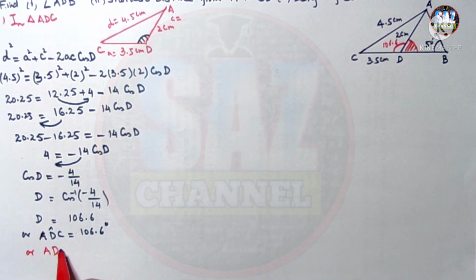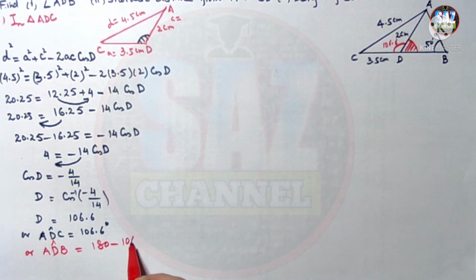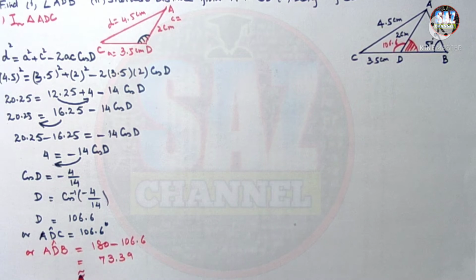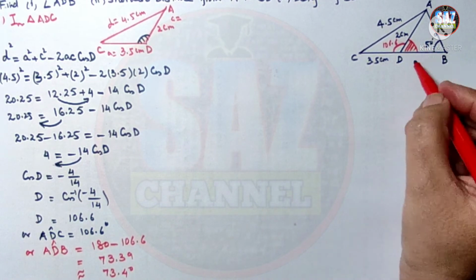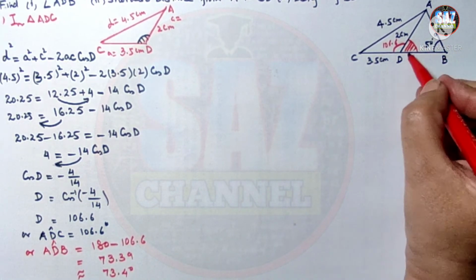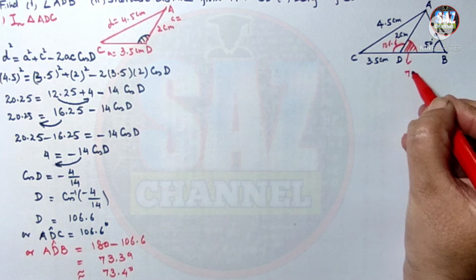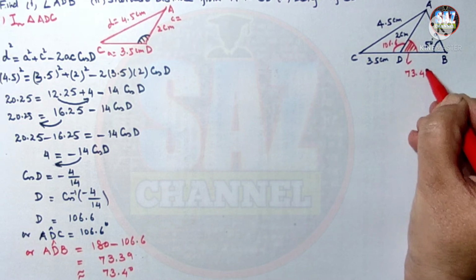Angle ADB will be equal to 180 minus 106.6, which gives me 73.39, approximately equal to 73.4 degrees. 73.4 is this angle. Let me mark it outside, 73.4 degrees.